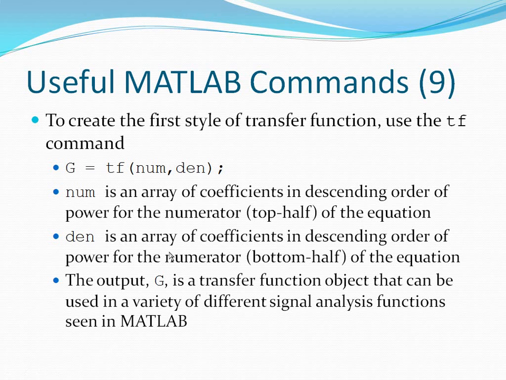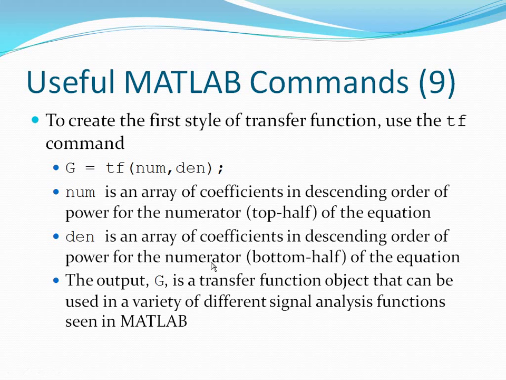And then you do the same thing for the denominator, where you specify the highest power of the denominator. Oh, sorry, this is a typo. This is the denominator, and then down to the lowest power. And then the output will give you a transfer function object that can be used in a variety of different signal analysis functions seen in the MATLAB programming environment.